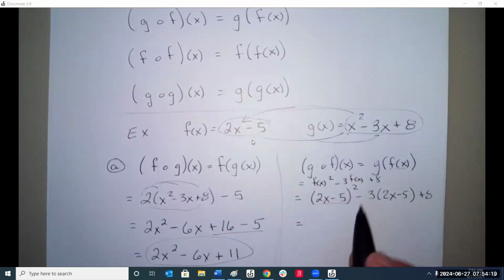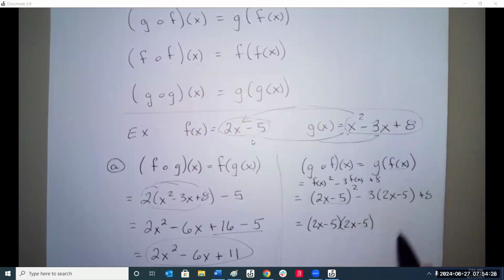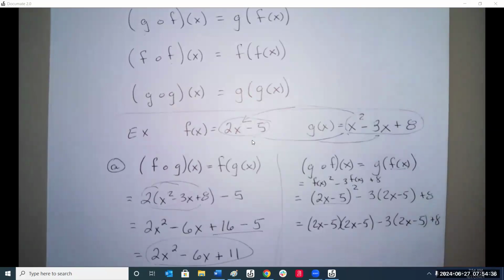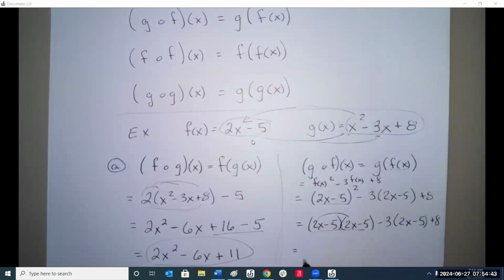This first one is a squared term, so that means 2x minus 5 times 2x minus 5, minus 3 times 2x minus 5, plus 8. So we have to multiply these two together. 2x times 2x is 4x squared. Positive times negative is negative. 2 times 5 is 10x.